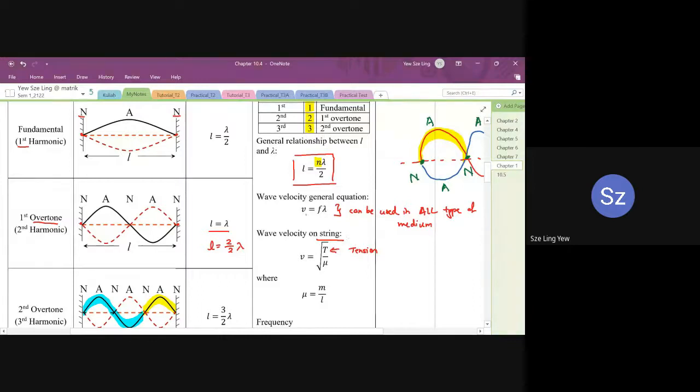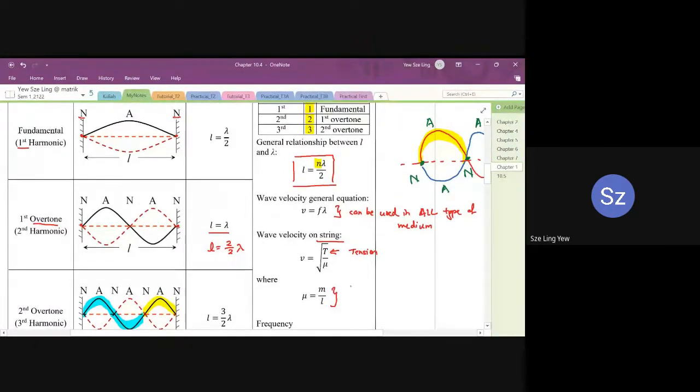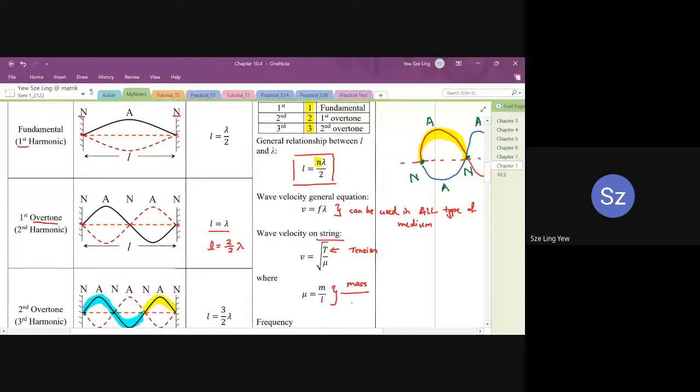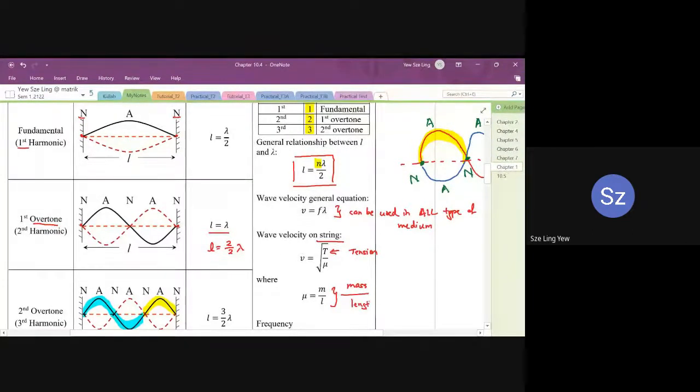So for the general equation for waves, we have v equals f lambda. If you're looking at a wave that only happens in a string, then we have v equals the square root of T over mu, where mu is M over L. This M over L is more on the property of the string: the mass of the string divided by the length of the string that you use.